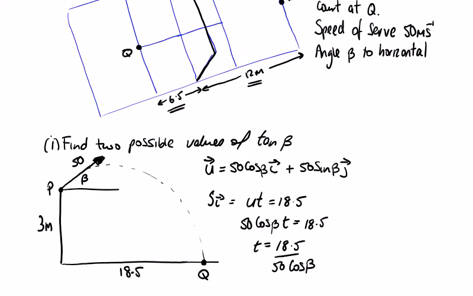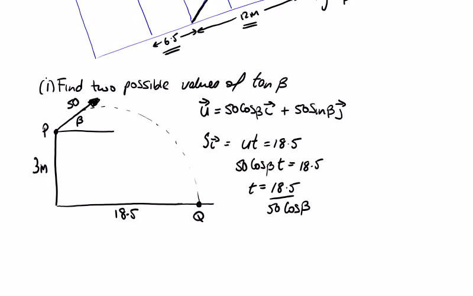Then the distance traveled in the J direction will be minus 3 in this case. So if we set up our J with UT plus a half AT squared, we're going to get 50 sine beta by the time, which is 18.5 over 50 cos beta.